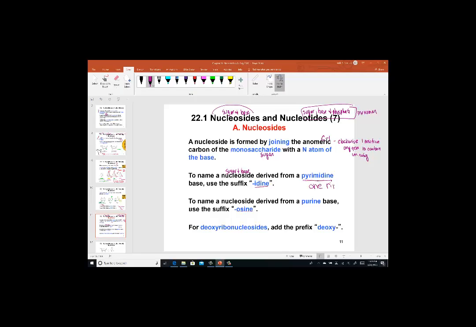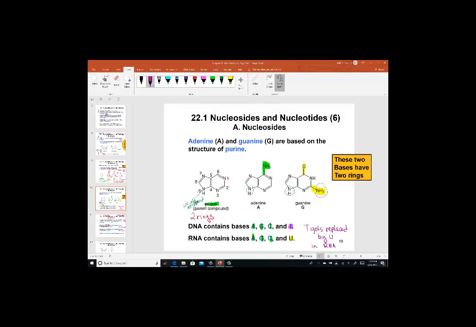And again, this is the 1 ring base. Now, to name the nucleoside derived from a purine, which is the 2-ringed base, these are going to receive the osine suffix. So say that with me, osine. The adenine is the name of the base.